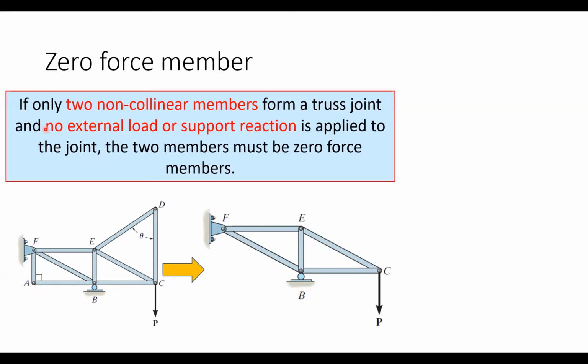You cannot do it that way. Once you determine it as a zero force member, then it will be a zero force member. If from one joint it is a zero force member, then from another joint you cannot change it.